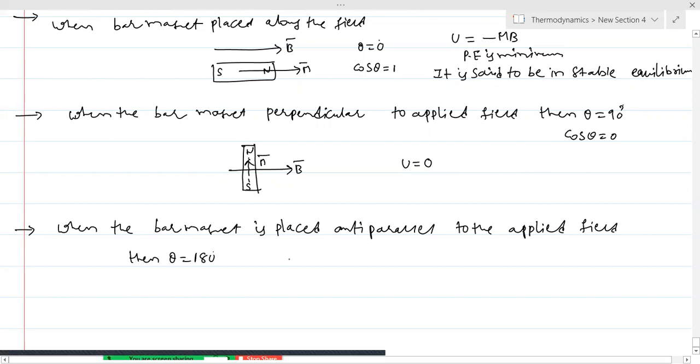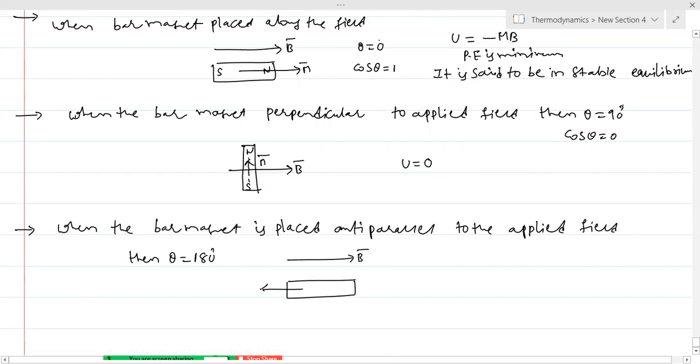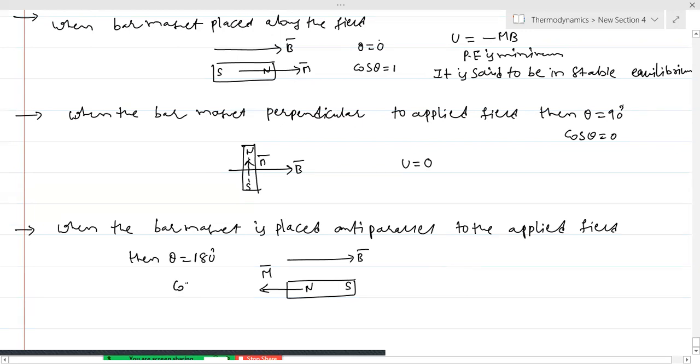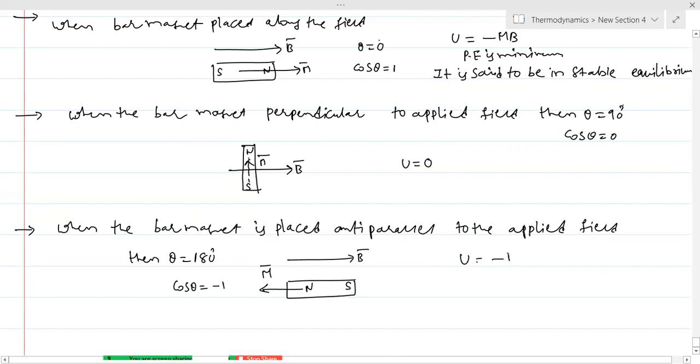So let us see. This is the B bar and the bar magnet is placed in the opposite direction. So that means M bar is in this direction. M bar is always from south to north. That is mandatory. So theta is 180, then cos theta is minus 1. Therefore, U equals minus MB cos theta.